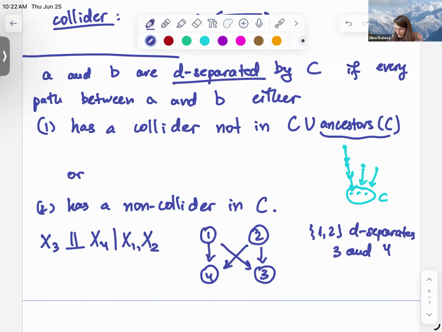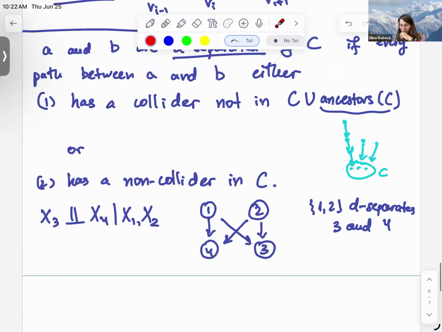And also on this other path, 2 is a non-collider and it is in 1, 2. So basically condition 2 is satisfied for all the paths. Okay, there could be a more complicated graph where there's a path for which this holds and a path for which that holds.